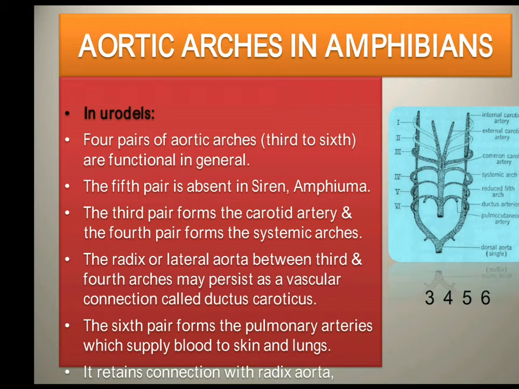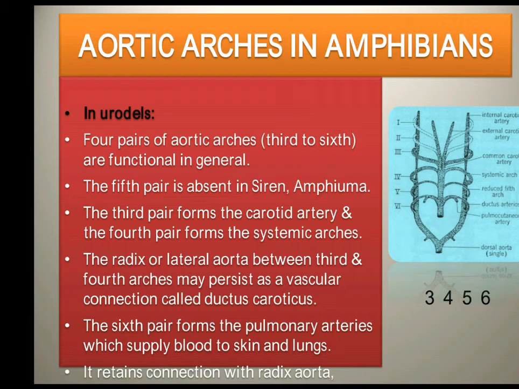And if I take this particular point, this is about the sixth arch, and this is giving you a point that the sixth arch is having a connection with the dorsal aorta, and this is called the ductus arteriosus.